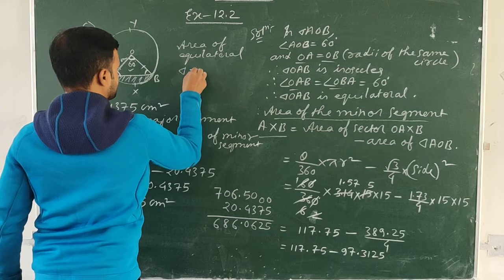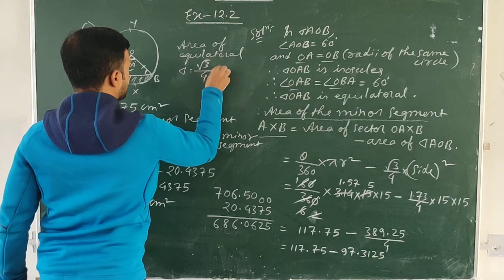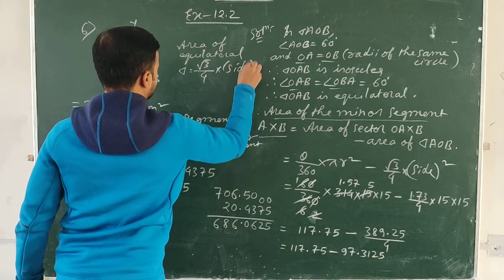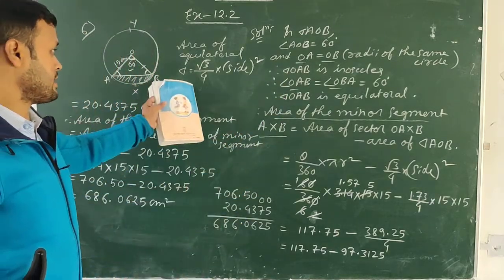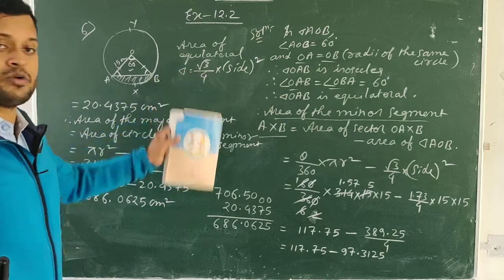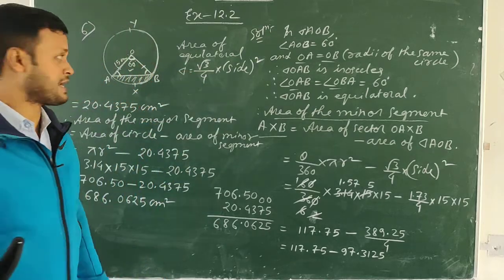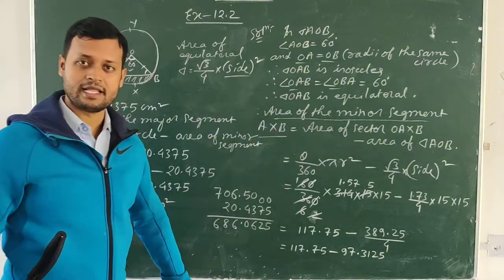Area of an equilateral triangle is given by root over 3 by 4 into side square. Any side of the equilateral triangle you take and put it here, you will get the area of the triangle.